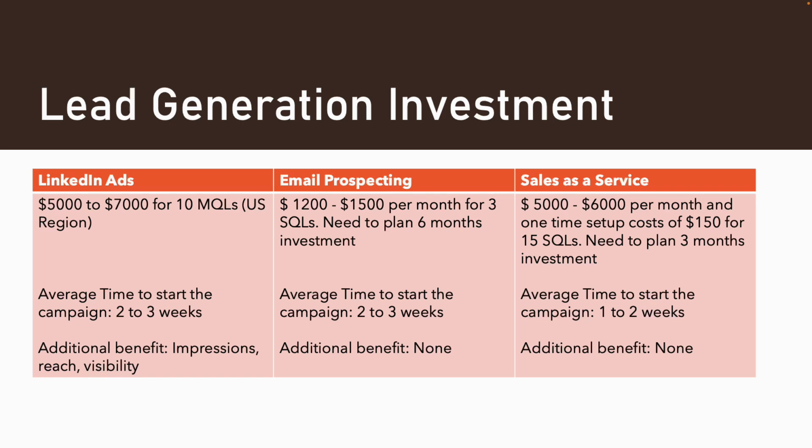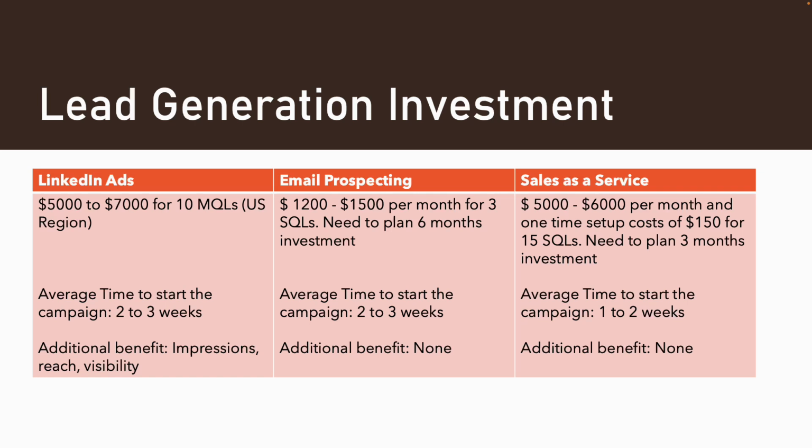The final one is sales as a service, or an agency which provides sales outreach, right? Here you spend a little more. You spend about $5,000 to $6,000 per month, and there is also a setup cost of $150, and what you get is 15 sales qualified leads, right?